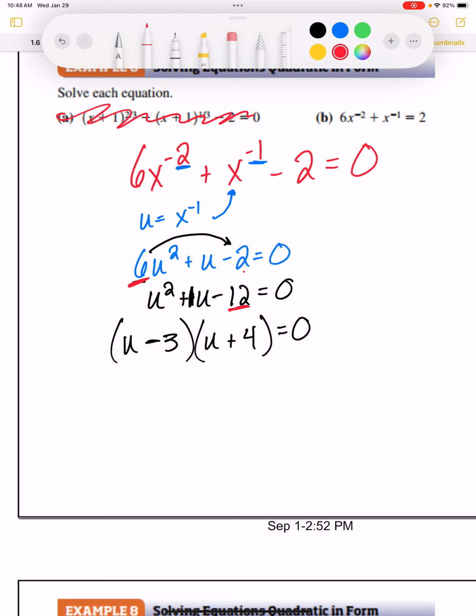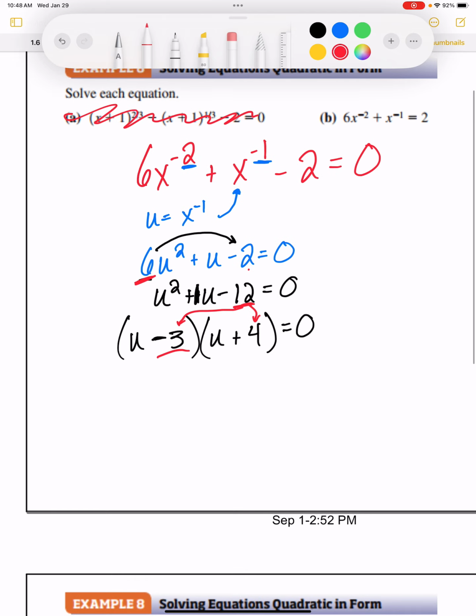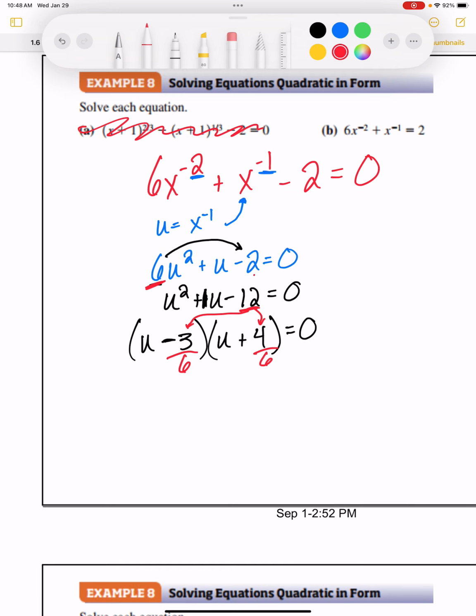This 12 resulted in this 3 and this 4, that's how we got the 12. So I'm going to divide by 6, and I have to do it to both of them because I did it to create the 12. Now I have to undo it, so divide them by 6 to keep the balance, and I get u minus 1/2, and then u plus 2/3.